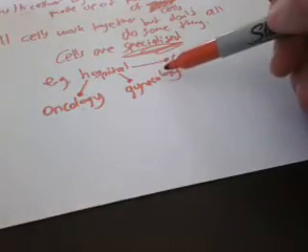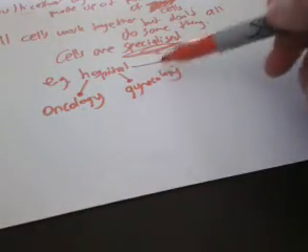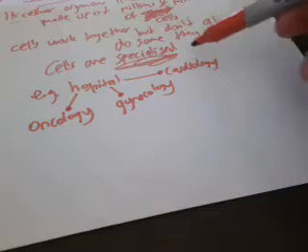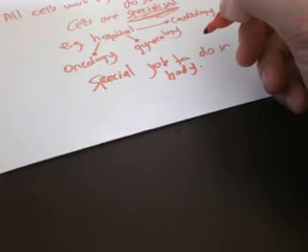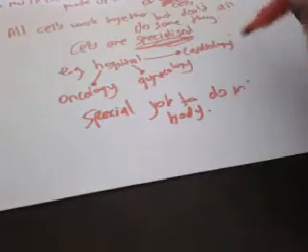An oncologist studies cancer, a gynecologist studies the women's body parts, and cardiologists study the heart. They all do different things, but they all work together overall. So specialized cells have a special job to do in the body, and so they're more suitable to do that job.